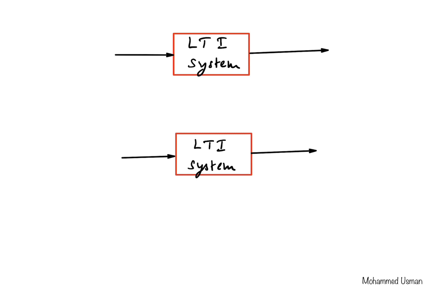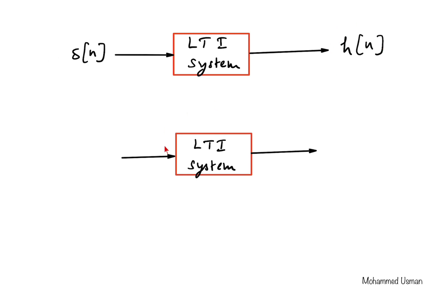Basically what we're saying is that if the input to the system is an impulse, a unit impulse function delta of n, and the output is h of n, so I have an LTI system, and I know that when the input is delta of n, I get an output h of n.